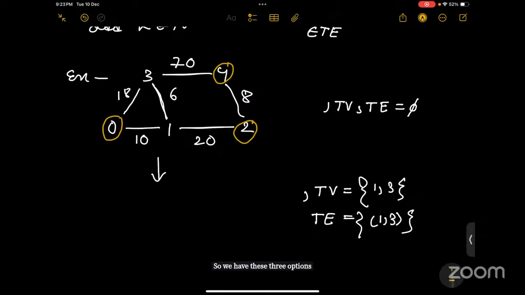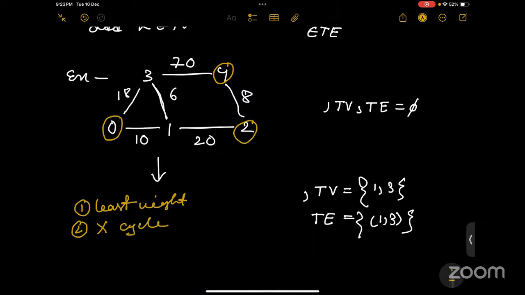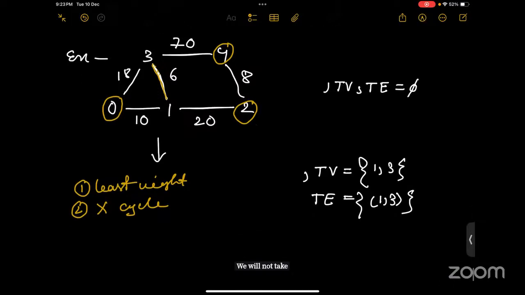Now we will choose an option which has least weight first, and second, will not form a cycle. So we will not take 0, we will take 4 and 2.